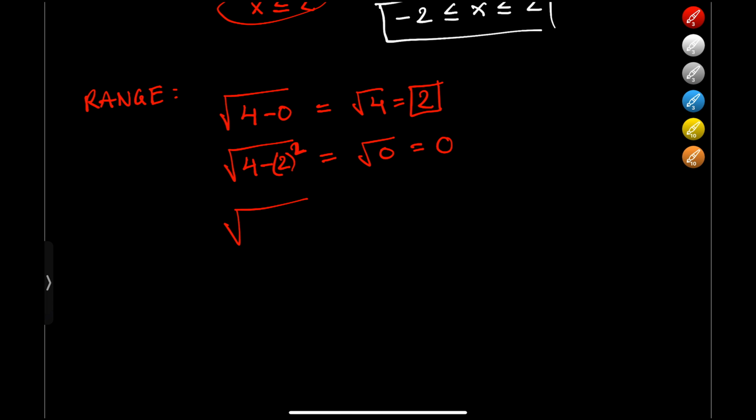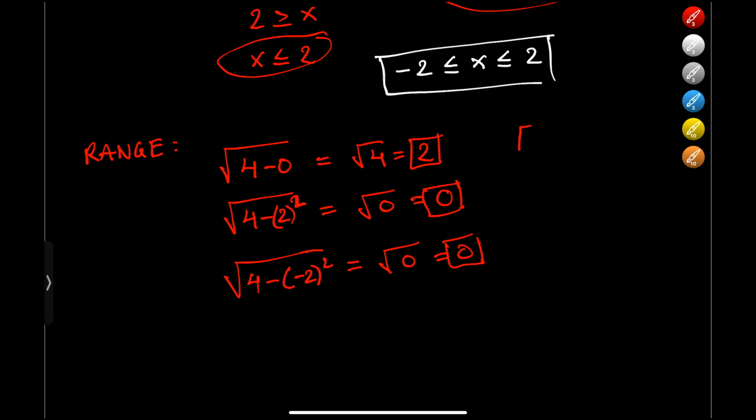And if we were to plug in a negative 2, we would get the same result, the square root of 0, or 0. So these are the lowest values. According to that, our range would go from 0 to 2, and they are included in our range.